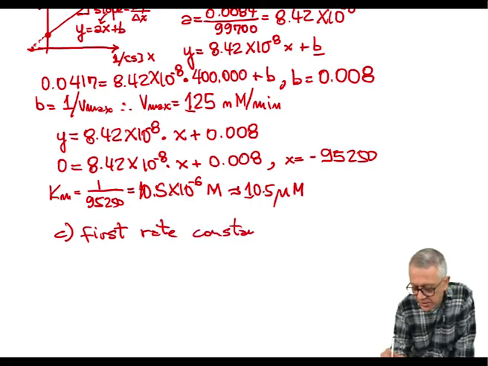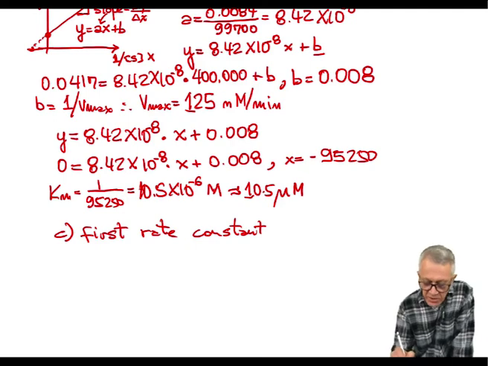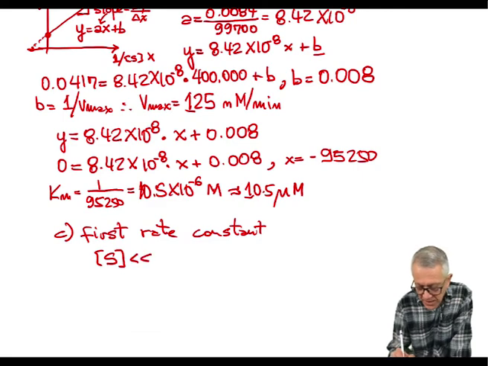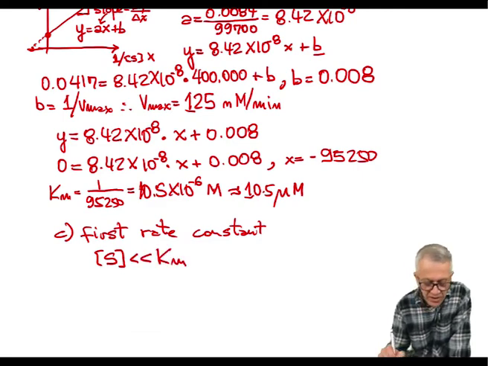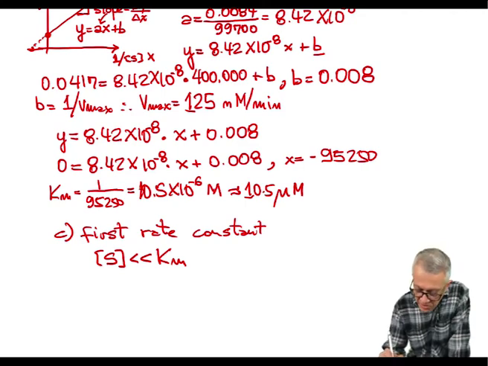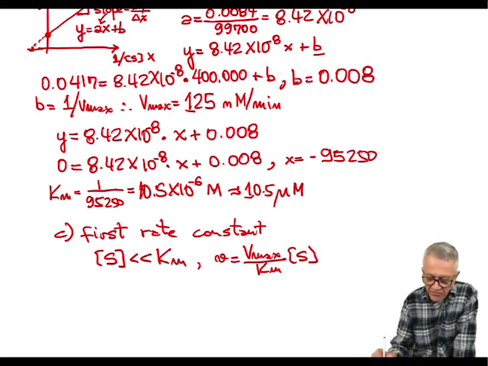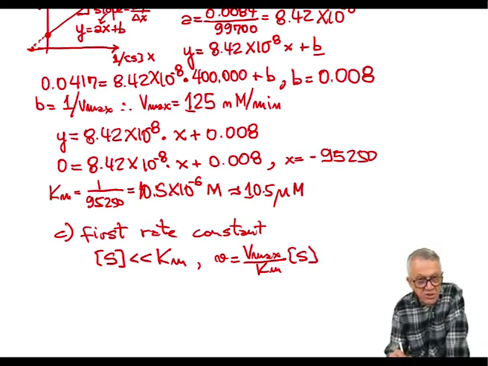The first order rate constant is when we have the substrate concentration much smaller than the Km, right? So in that case, V is going to be equal to Vmax divided by Km times S. Michaelis-Menten equation here, simplified for the situation when S is much smaller than Km.